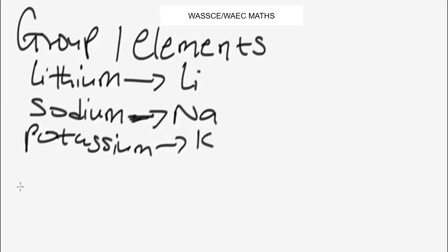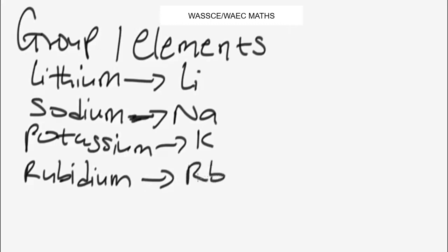Then we have rubidium, the short form of rubidium is Rb. Then we have caesium, the short form of caesium is Cs.